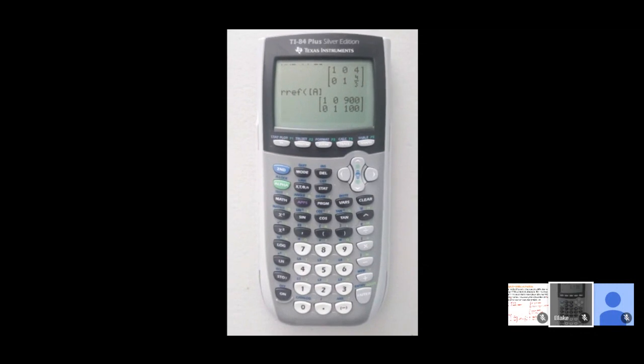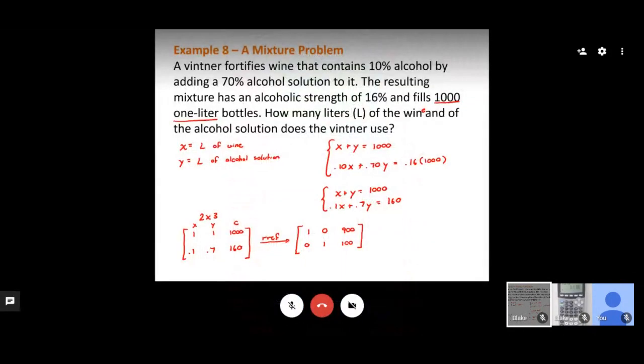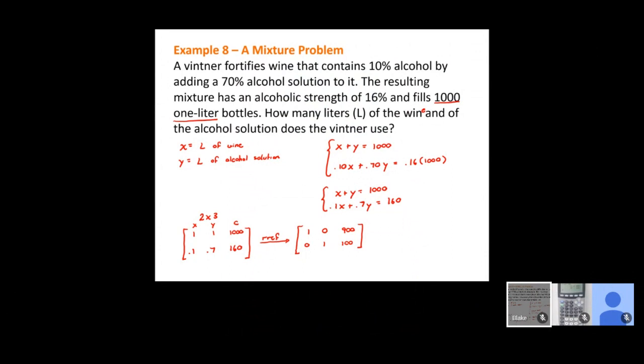Any questions about the steps in the calculator there to get that? All right. So that's what we got.